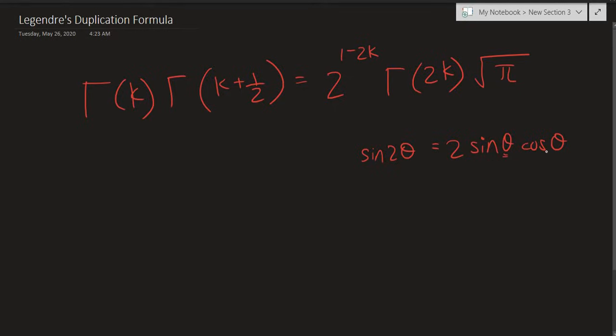If you have the values of the sine and cosine of a single angle theta, you get the sine of 2 times that angle. So similarly, the argument is getting doubled every time. That's why this identity is really special in terms of gamma functions.